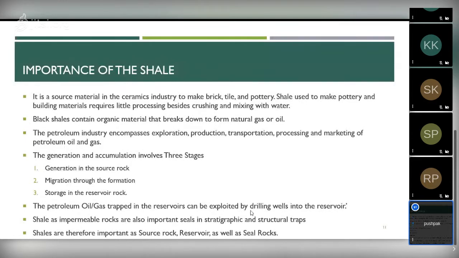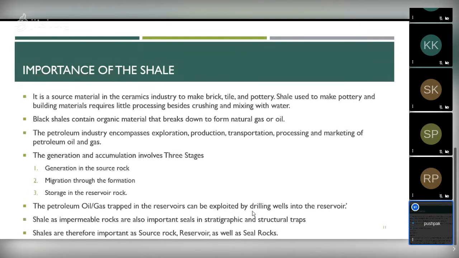According to Rogers in 1993, about 90% of all formations drilled in the petroleum industry are shales and limestone. That is, shale can act as source rock, it can act as a reservoir, and also as a seal rock.